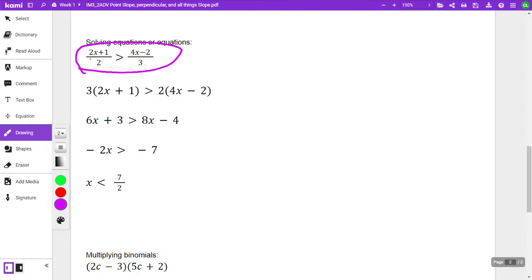If I multiply this left side by 2, the 2's cancel. You can call it cross multiplying, but this is really what happens. I multiply both sides by 2, and these 2's cancel.